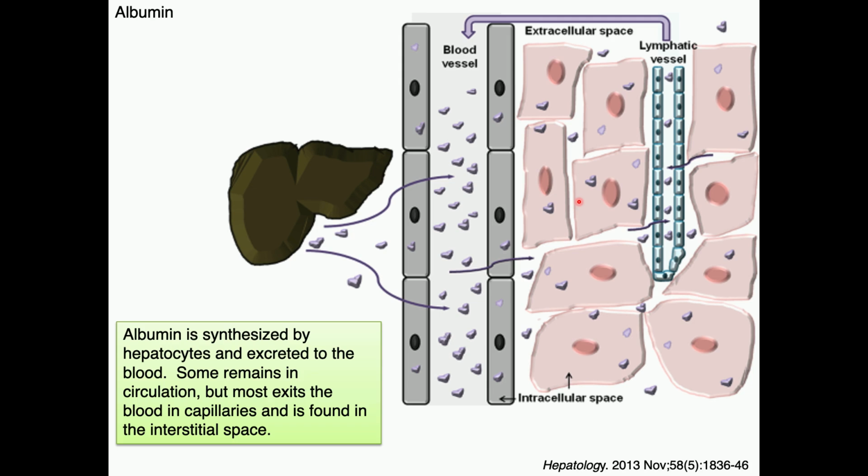It can then exit the blood circulation by transendothelial cell transport and enter into the interstitial fluid in tissues. So there is a force that is propelling the albumin from the blood into the tissue and then into the lymphatic circulation. And I'll discuss the nature of those forces shortly.